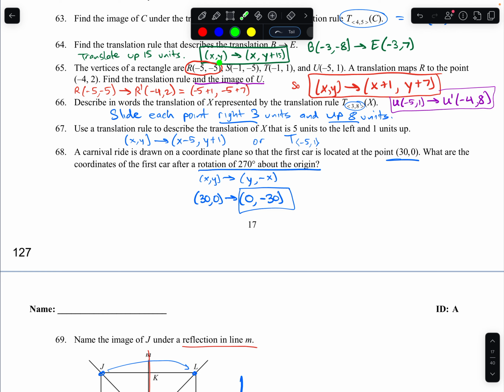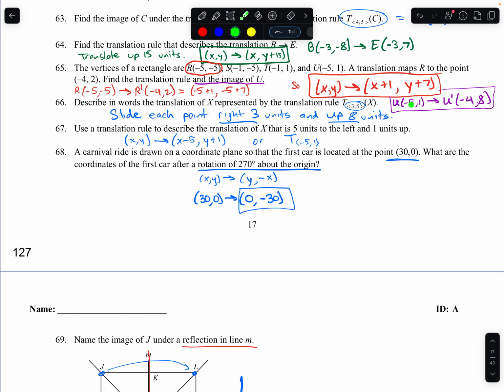So what do we have to add to -5 to get 2? Well, we have to add 7. So the translation that we are performing is sliding R right 1 unit and up 7 units. That's the translation. I wrote it right here, or actually it's also here.